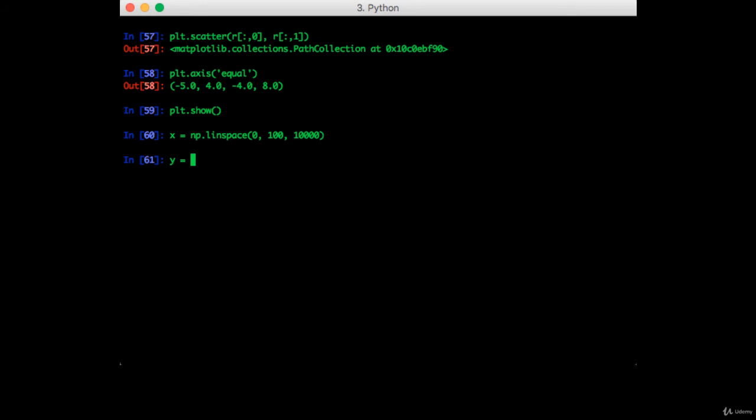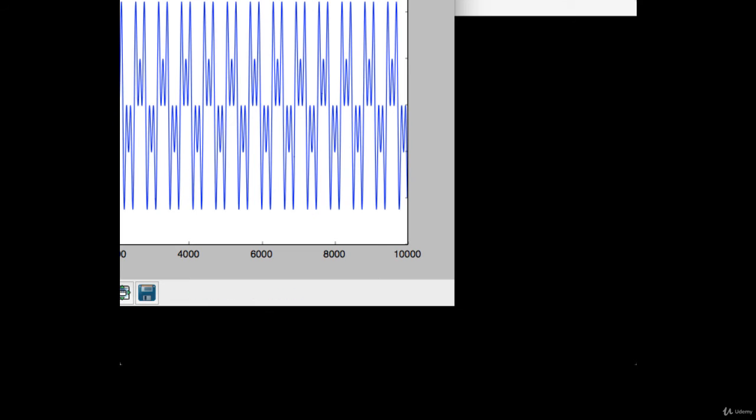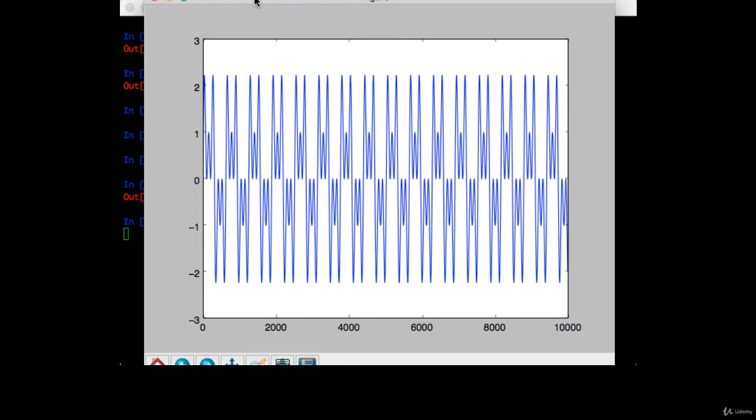Okay, now let's do sine of x, sine of 3 times x, and sine of 5 times x. Now let's plot this so you know what it looks like. Okay, so it's a periodic wave with multiple frequency components.